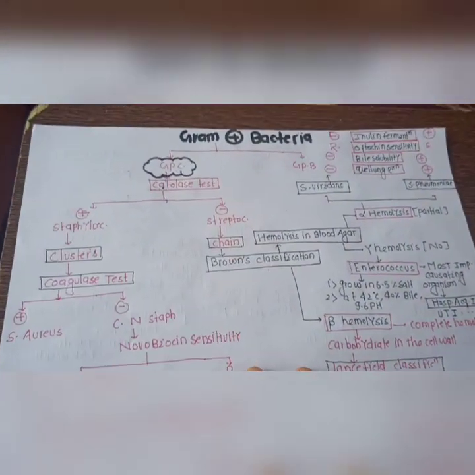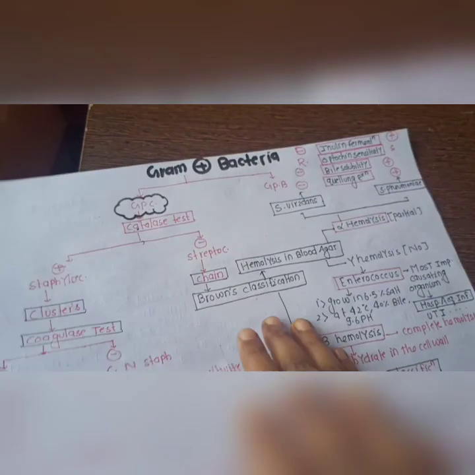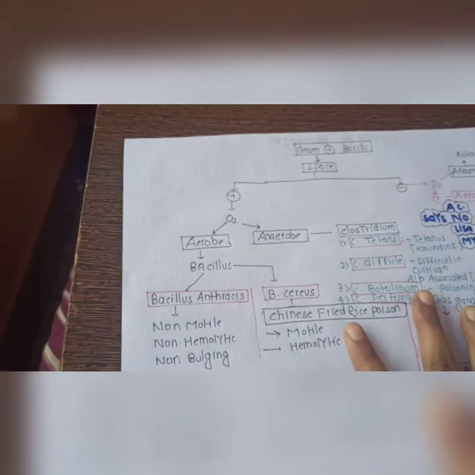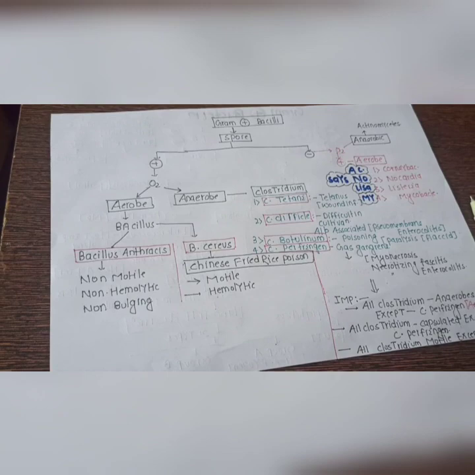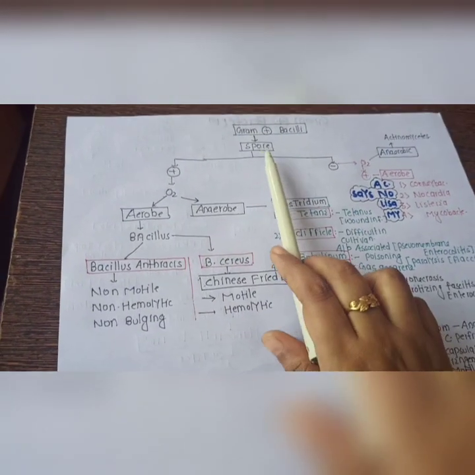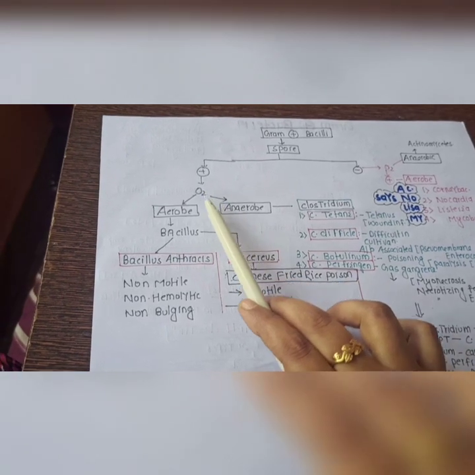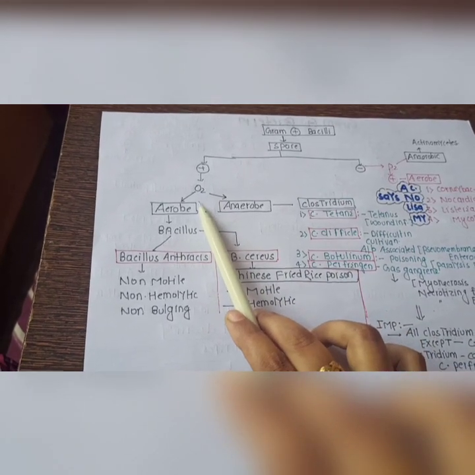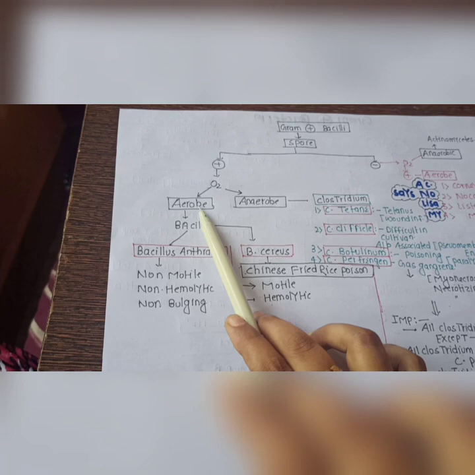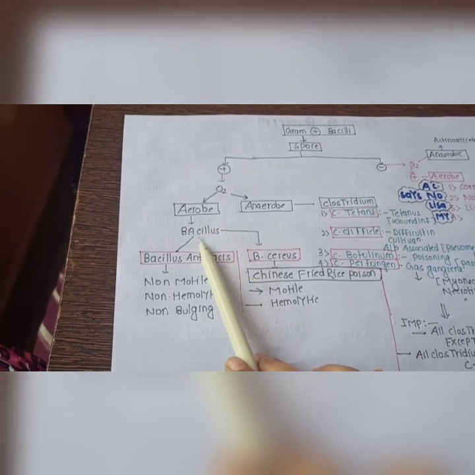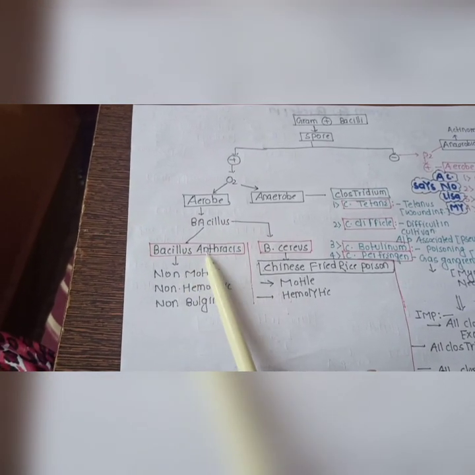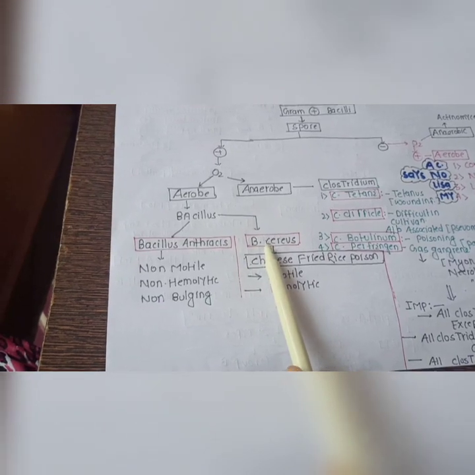So this is the gram-positive cocci, and now let's study gram-positive bacilli. Gram-positive bacilli are divided according to spores. If spores are present, classify further according to oxygen requirement. If aerobic, Bacillus anthracis and Bacillus cereus.